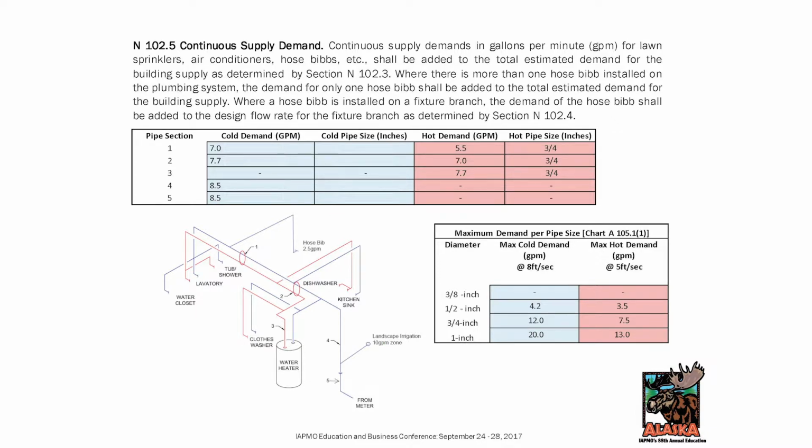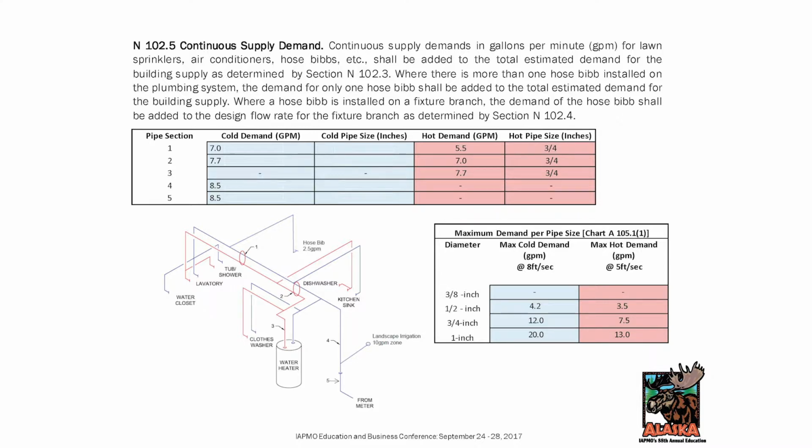So for pipe section 1, you have a hose bib, and say that hose bib is 2.5 gallons per minute. Well, you would add that to pipe section 1, and now the demand for that pipe section 1 is 9.5, and now the pipe size is going to be 3/4. Pipe section 2, again, you're adding this cold water hose bib.